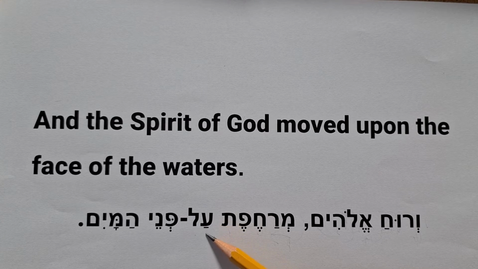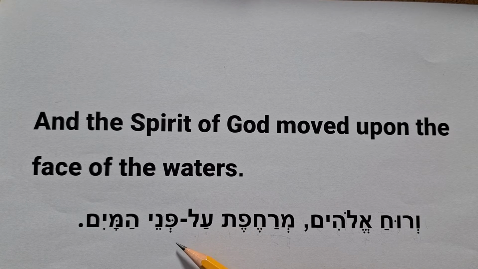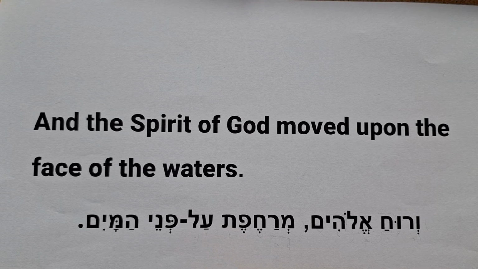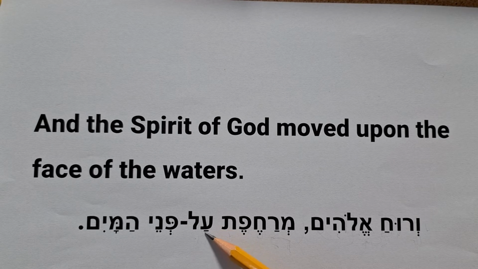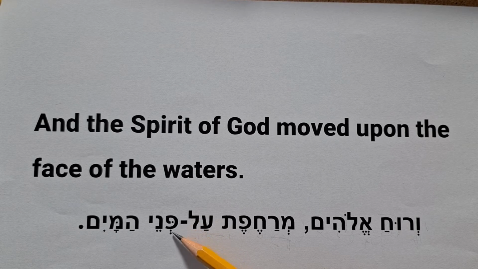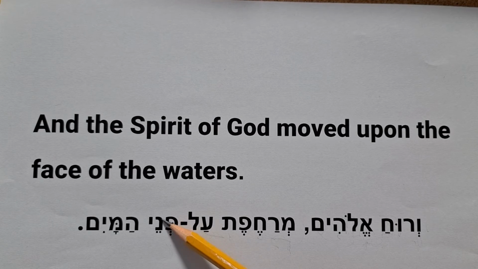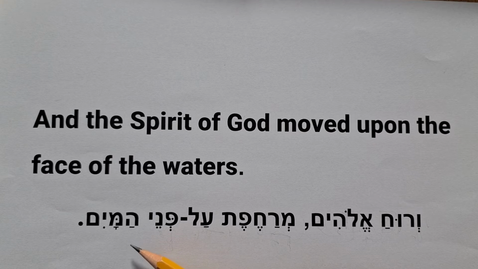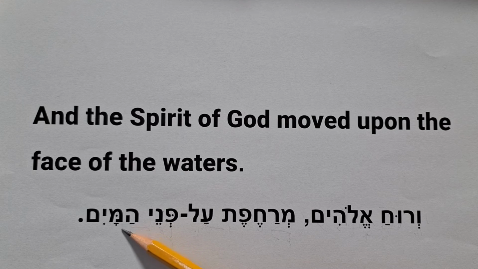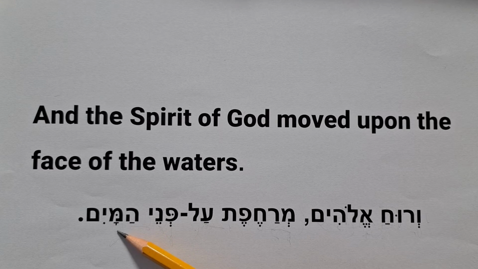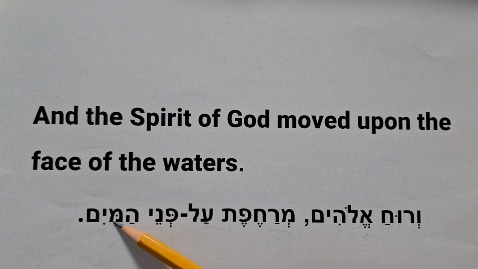Al pnei hamayim, right? So, if you recall from the last verse that we talked about, it's again the same construct state, al with patach and lamed, pei with the gesh is p and shva na, pe, nun with tsere, nei, hamayim, hey with patach, ha, mem with kamatz, ma, yud with chirik, yi, and mem sofit, hamayim.